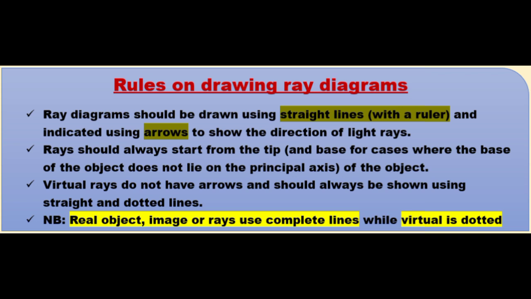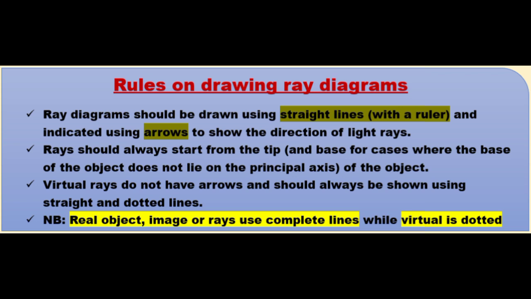That's the topic in Form 1. We have in Form 2, reflection at curved surfaces. In Form 4, we have thin lenses. Those are three major topics where you need to draw ray diagrams, object, and location of the image.